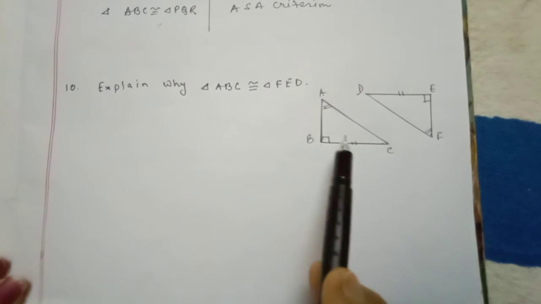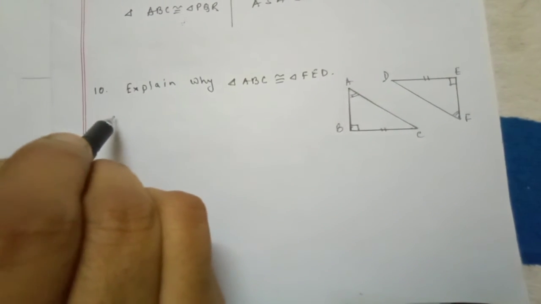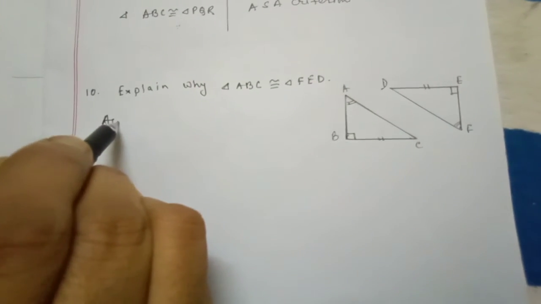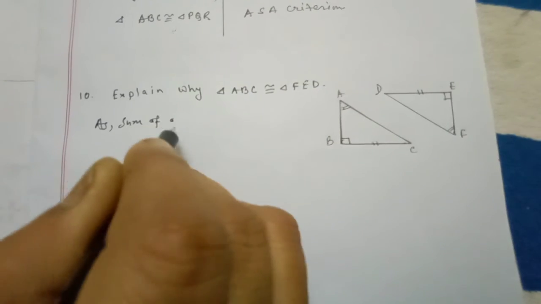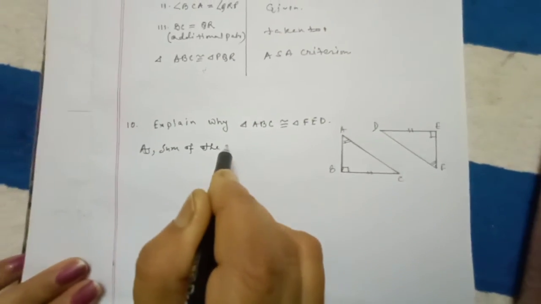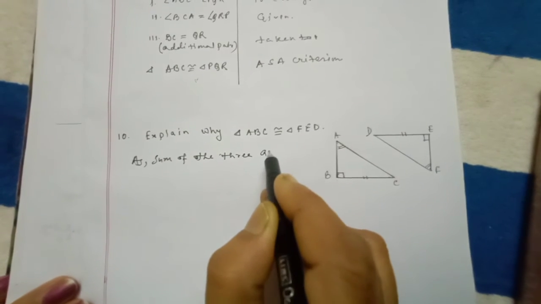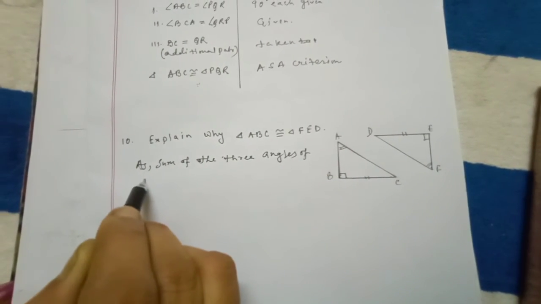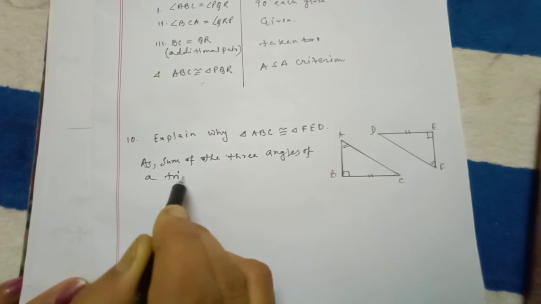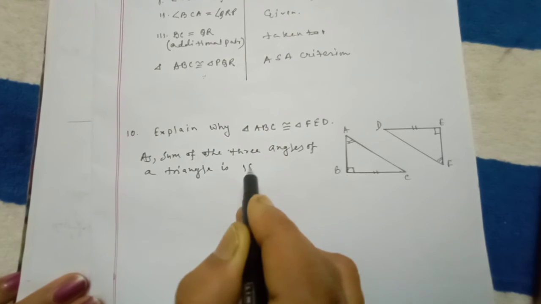Now we will use the angle sum property of a triangle. You know that the sum of the three angles of a triangle is 180 degrees.